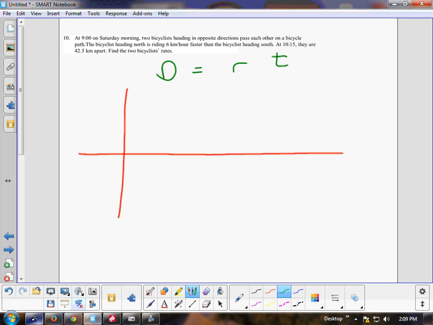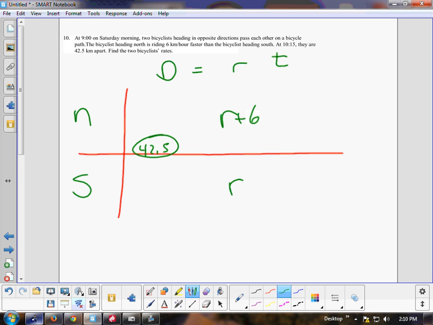We have two bicyclists who pass each other. One's going north and one's going south. The bicycle heading north is riding 6 kilometers faster than the one heading south, so r plus 6 and r. At 10:15, they are 42 kilometers apart, which is the total kilometers they are apart.